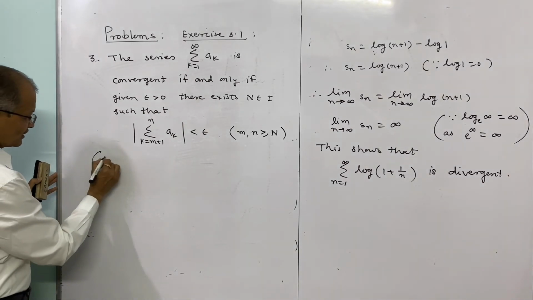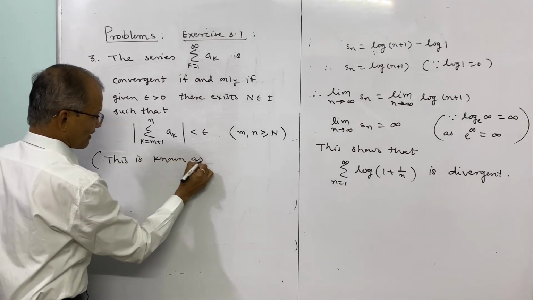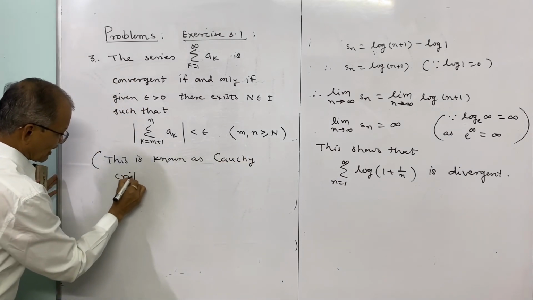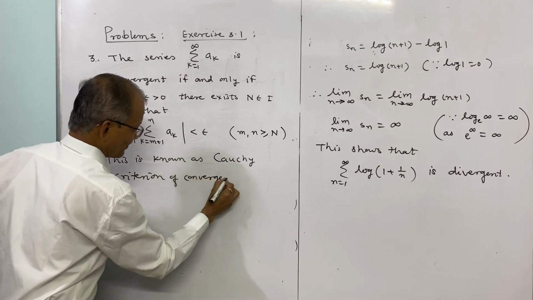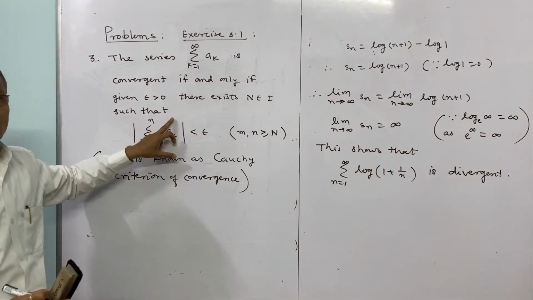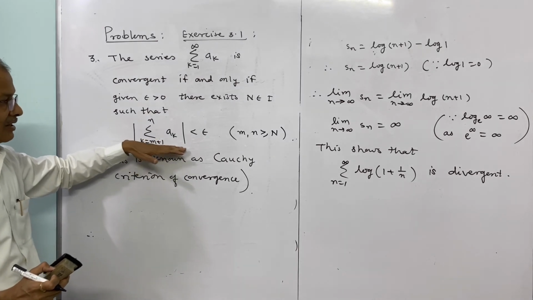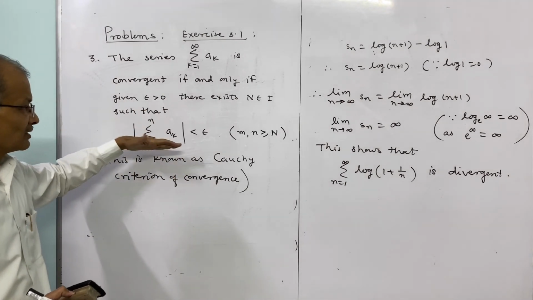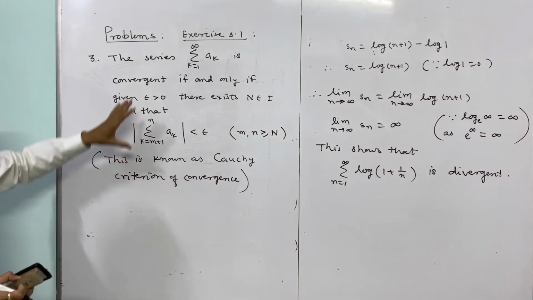This is because the meaning of this expression is that the sequence Sn of partial sums is Cauchy, and if the sequence of partial sums is Cauchy, then the series is convergent. That is the meaning of this problem.